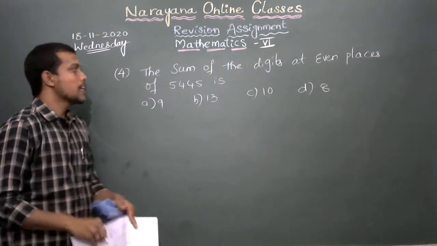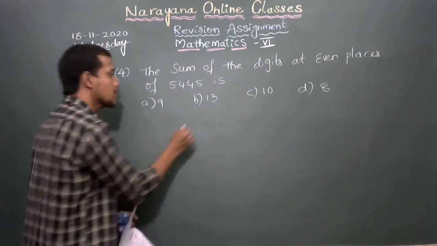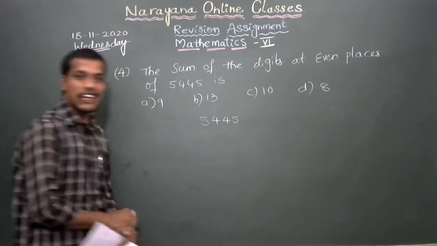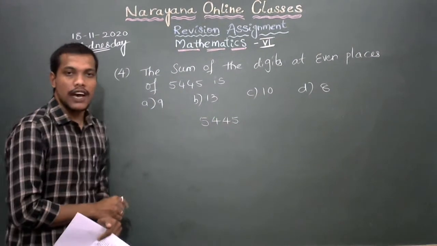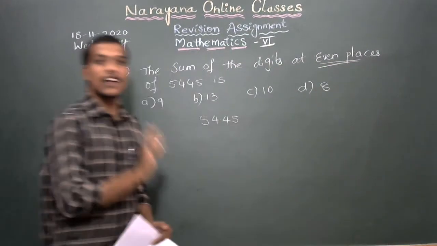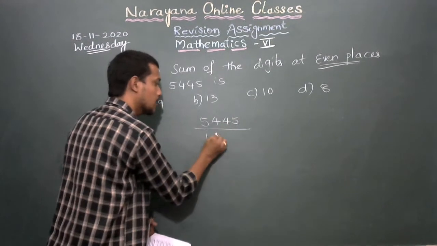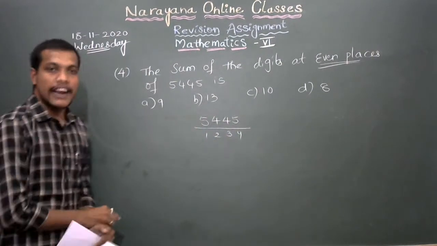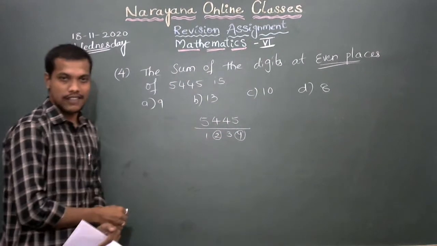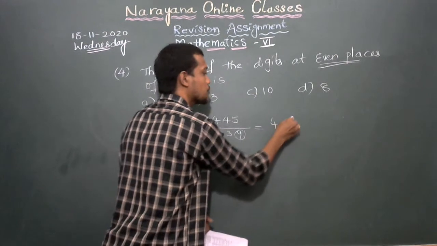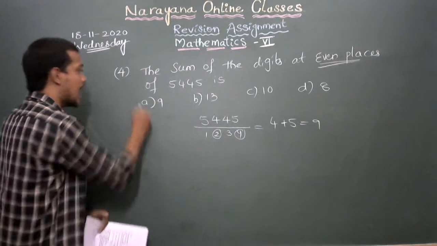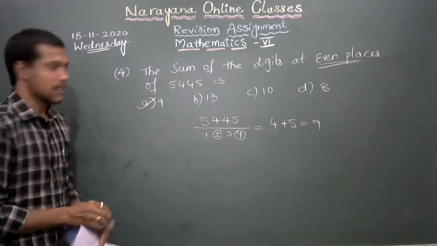So what is the question asking? The given number is 5445, and we should take only the even places. So I am taking the places 1, 2, 3, 4. What are the even places? 2 and 4 are the even places. Now verify: 4 plus 5 is equal to 9. 9 is the answer. So option A is the correct answer.